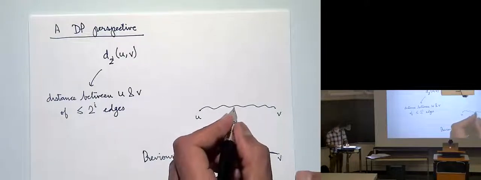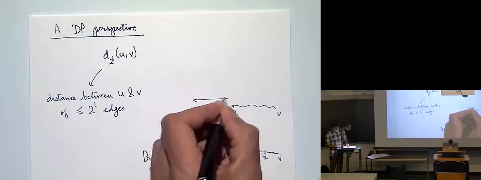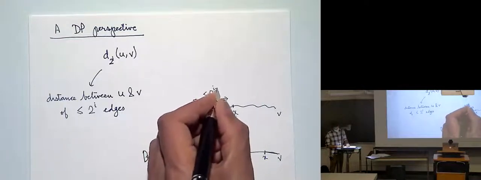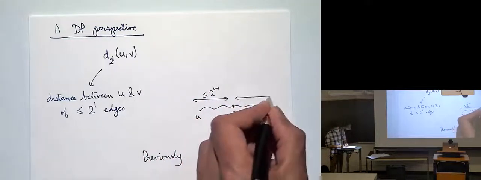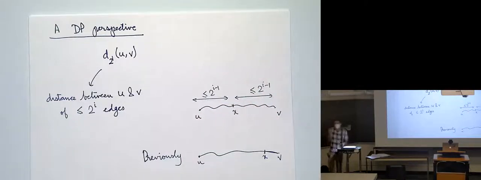But it seems like another choice would be to take x as the middle of the path. So then this portion has at most 2 to the i minus 1, and this has at most 2 to the i minus 1. There's some x in the middle, where the portion from u to x is at most 2 to the i minus 1 edges, and the portion from x to v is at most 2 to the i minus 1 edges. Right? So there's some portion there.